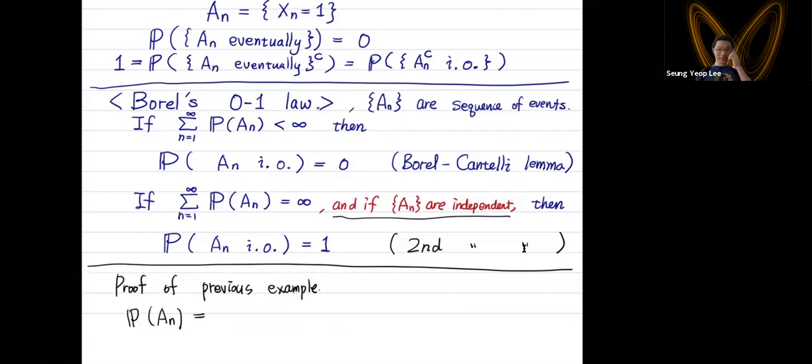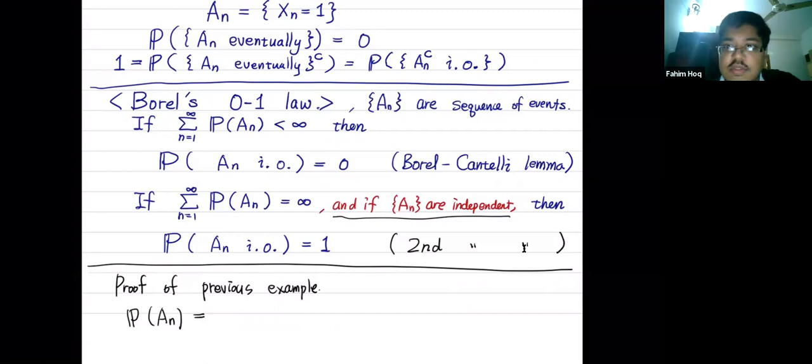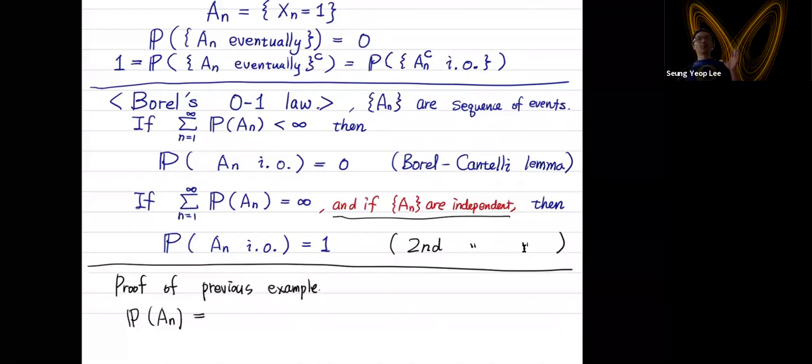Could you repeat the question, please? Okay, I will repeat the question. In the previous example, we defined A_n to be the event where the nth coin throw gives you head. You think of coin throws infinitely many times, and each omega gives you one infinite sequence, like head, tail, tail, head, head, tail, tail, head, head, head, head, tail.